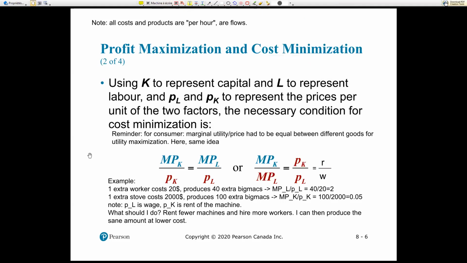I have a question. Would other costs be included, like for example, for machines, would fuel be included, and for labor, would employee benefits be included in this calculation? Yeah, it definitely is everything that you have to pay to operate it. For workers, definitely that's part of it. For the machine, it depends.